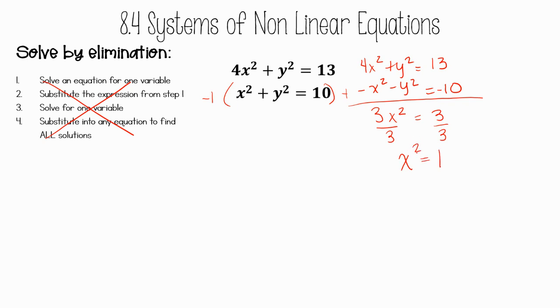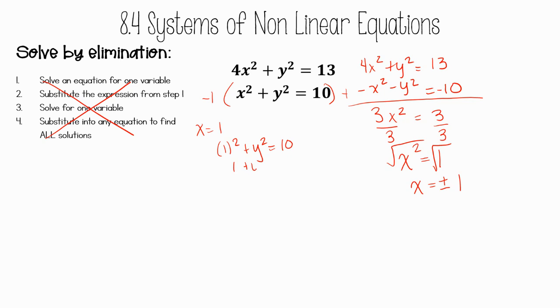And now remember, when you solve, I take the square root of both sides, and this will become plus or minus 1. So this is actually 2 answers for x. When I plug back in, I'll try 1 and negative 1. So let's plug in when x equals positive 1. I'll use my second equation, it's the easiest one.